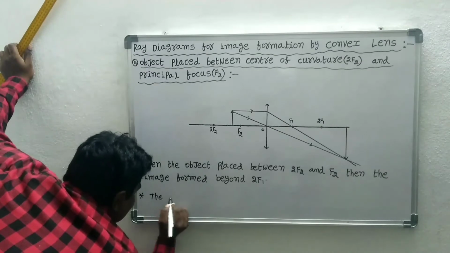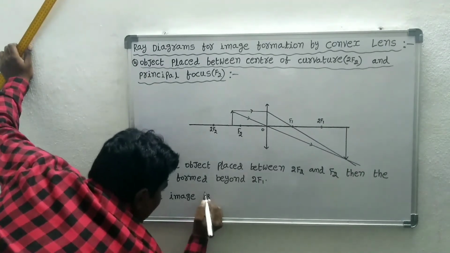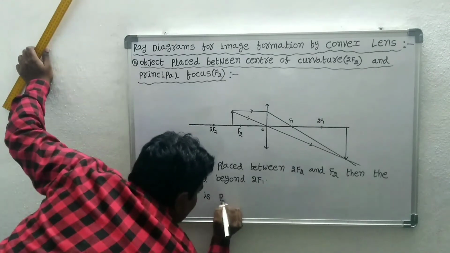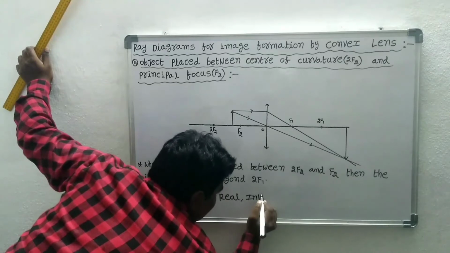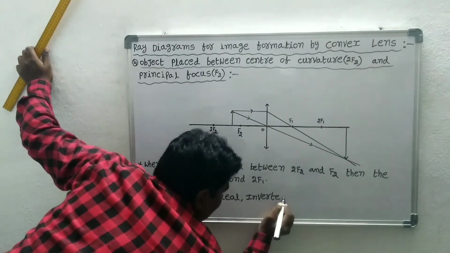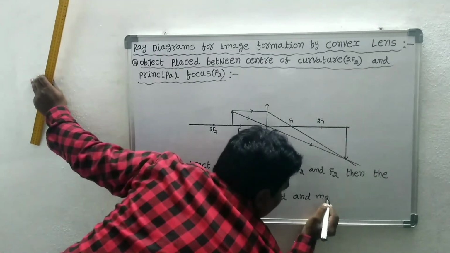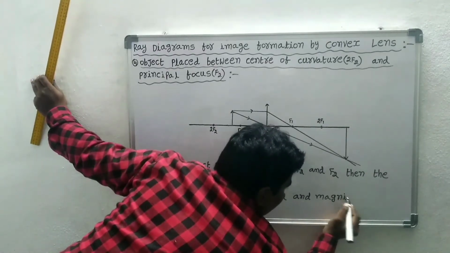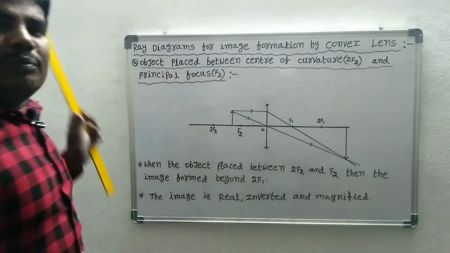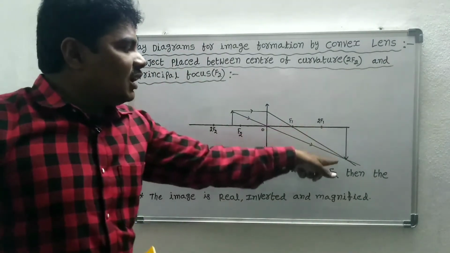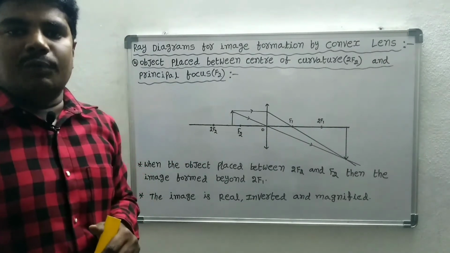The image is real, inverted and magnified. Magnified means the size of the image is greater than the size of the object.